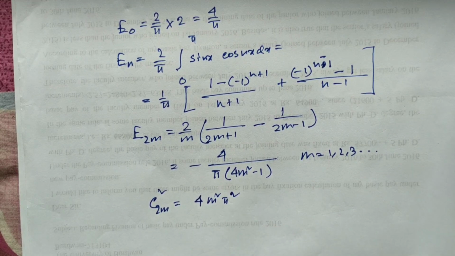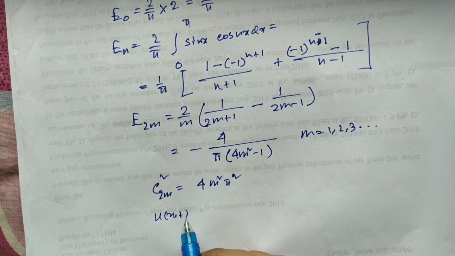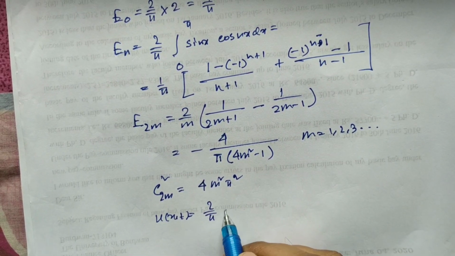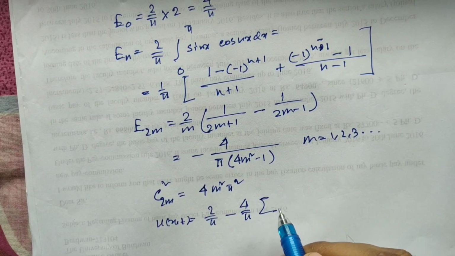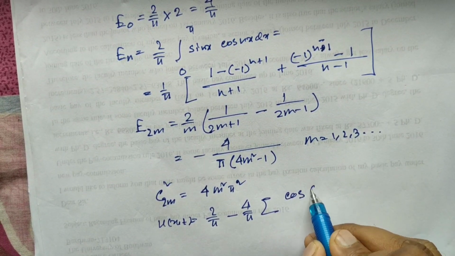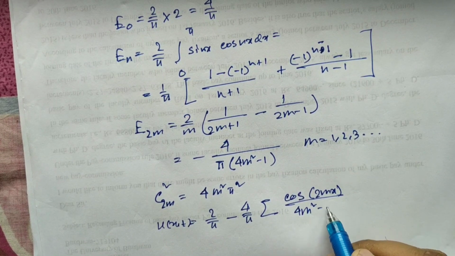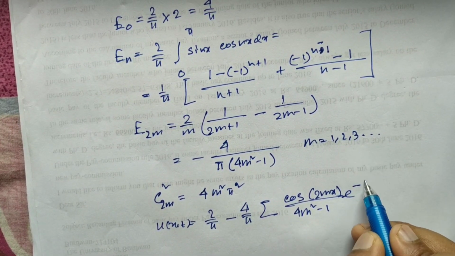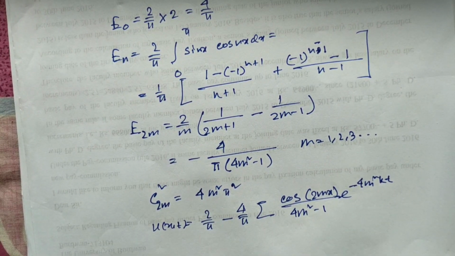So ultimately your solution, you can see this is u(x,t) is equal to 2 by pi minus 4 by pi summation cos of 2mx by 4m square minus 1 e to the power minus 4m square kt. Okay, so this is the solution.